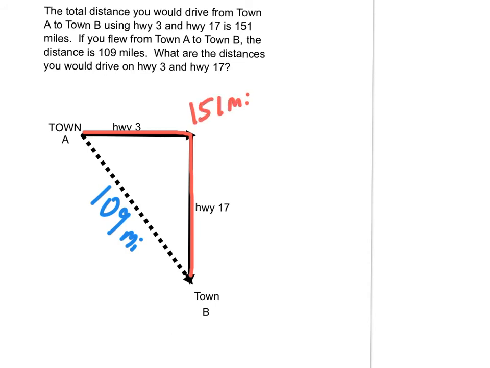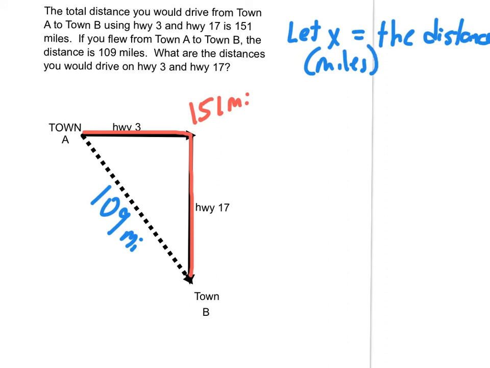Now I'll let x equal the distance, in miles, traveled on Highway 3. Theoretically it will be the shorter distance.